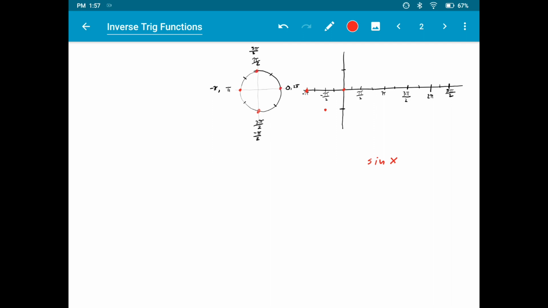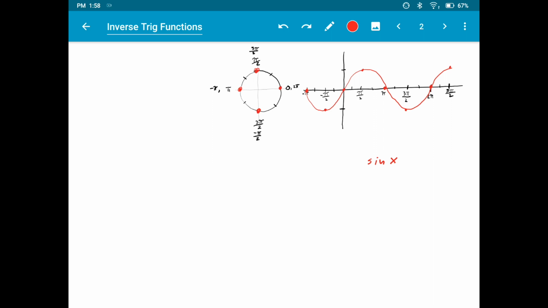At pi over 2, my sine of x is 1. At pi, my sine of x is 0. At 3 pi over 2, my sine of x is negative 1. At 2 pi, the sine of x is back to 0. And at 5 pi over 2, I'm back to a sine of x of 1. And so if I graph this, I get a function that looks something like this.